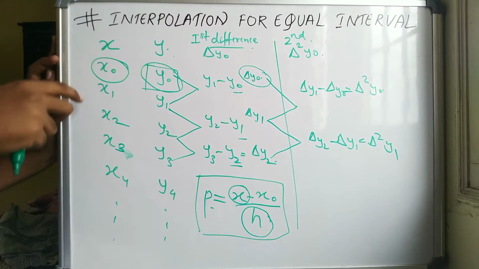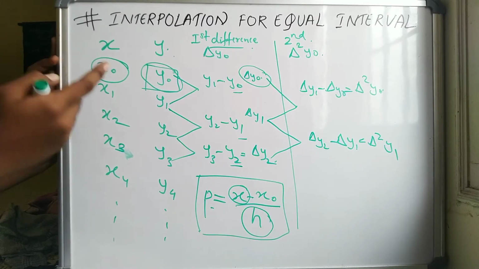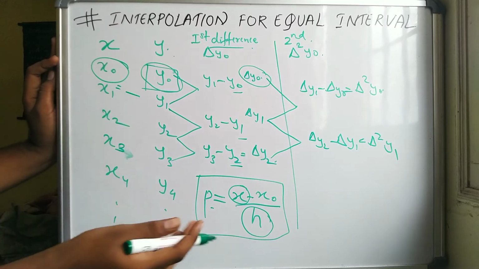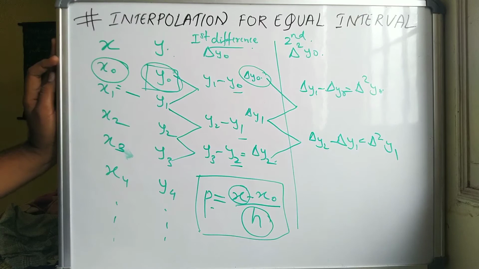Width means the interval, that is, the gap between these two terms. Now here x1 minus x0 gives some value, and that is the width. You have to check whether equal widths are there or not.